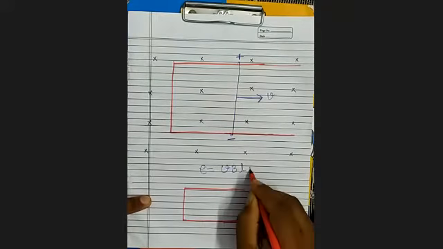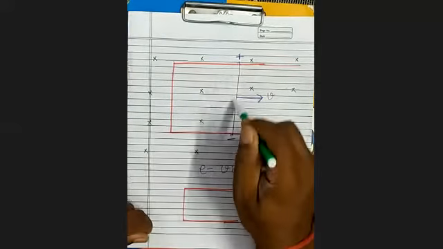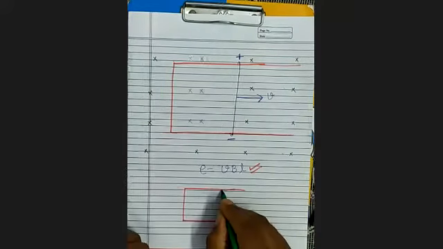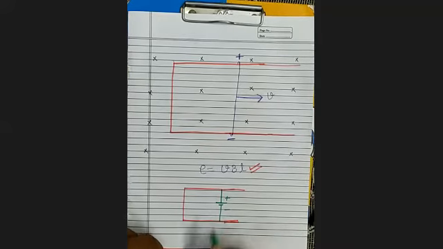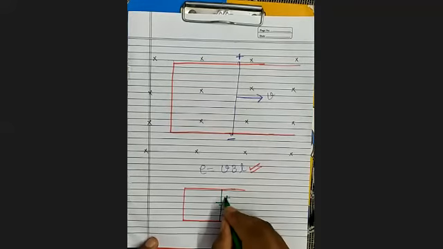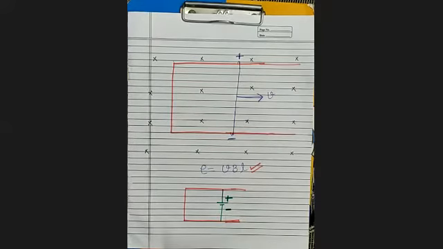And since this much EMF will be induced, we can replace this wire as a source of current. And what kind of source of current is it? Whose positive is on this side, and negative on this side. So what will be the direction of current? Direction of current will be this.